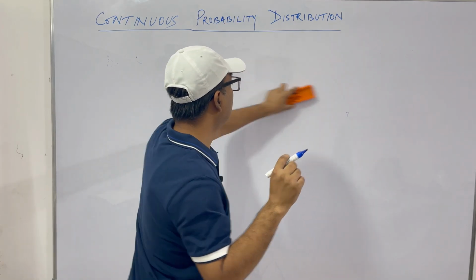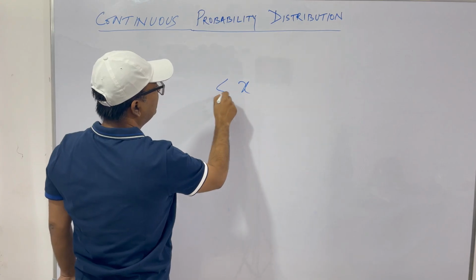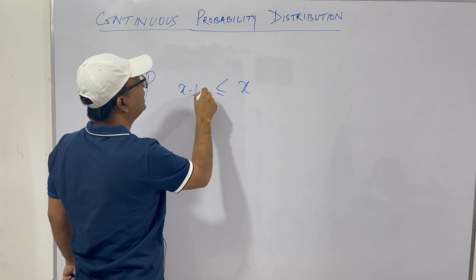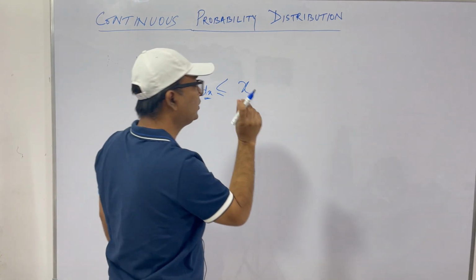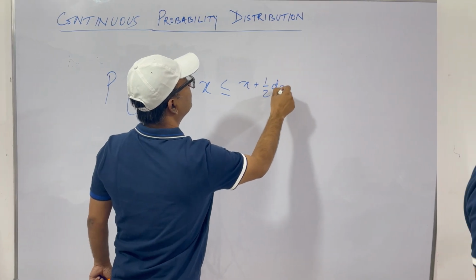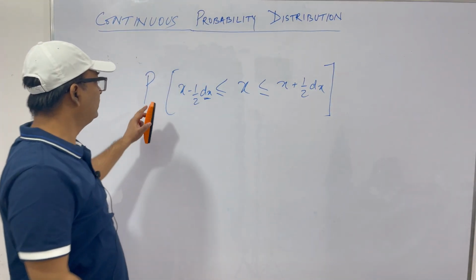Instead, let the variate be x, then we take x minus half of dx, where dx is a small value as we know in calculus, and less than x plus half dx.